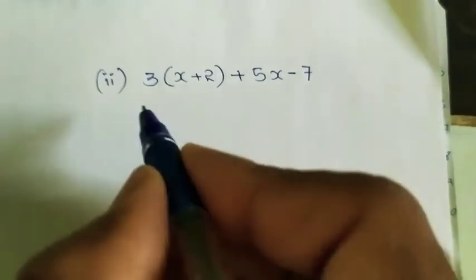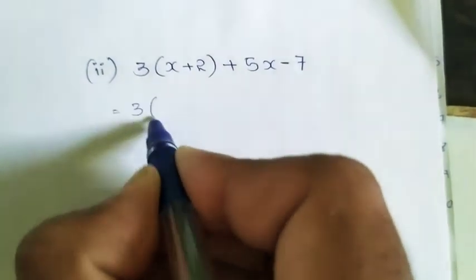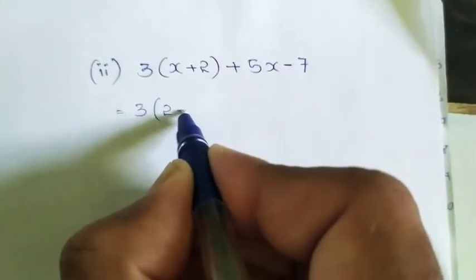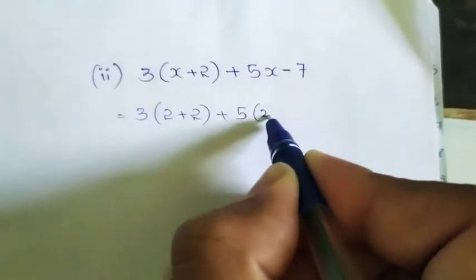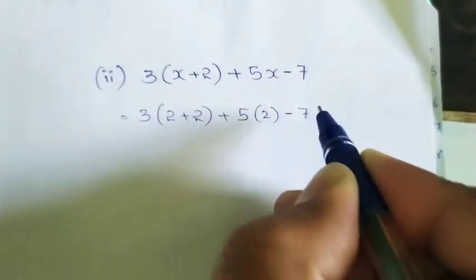Now second one, 3 into x, x is 2 plus 2 plus 5 into 2 minus 7.